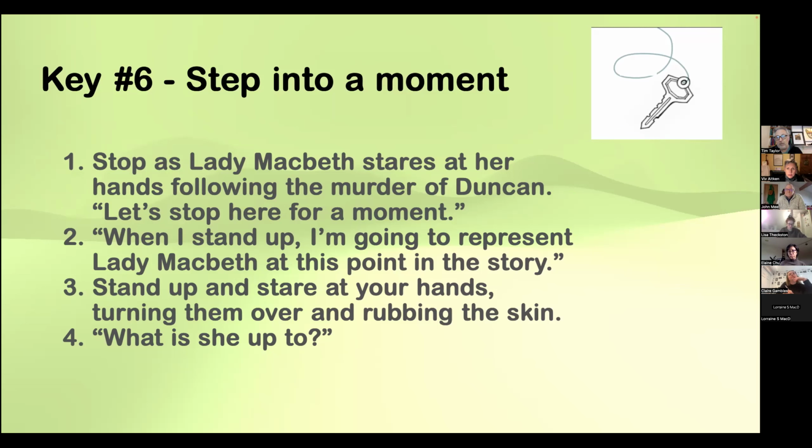And then I'll stop. And then I say, what's she up to? Or something similar. What can you see? What do you notice? Something around those lines, which is an introduction for the students to talk about their thoughts by focusing on that particular action. So I'm going to invite you to do the same.